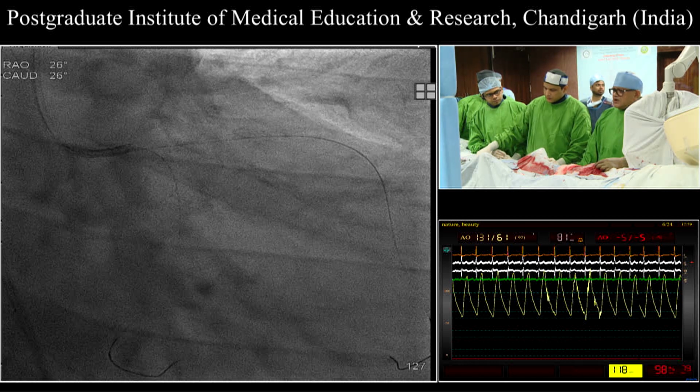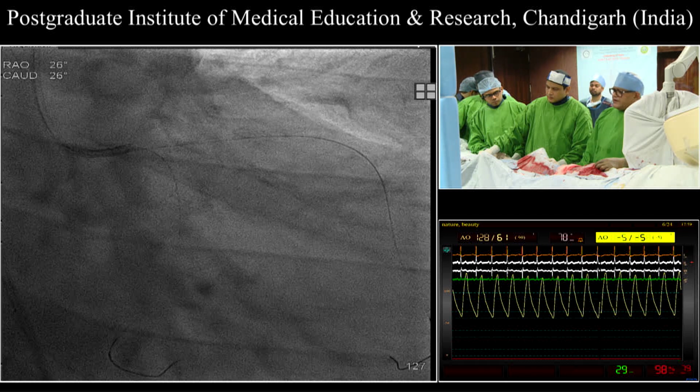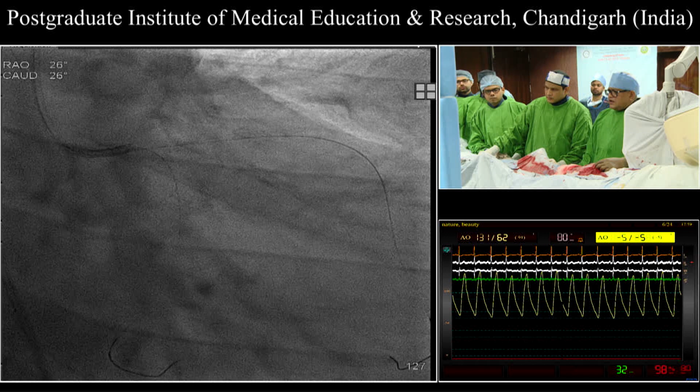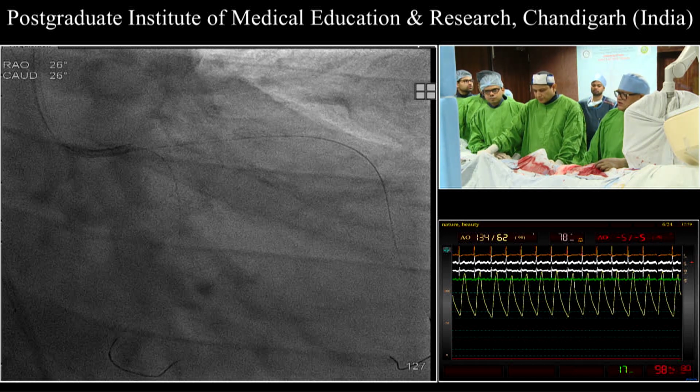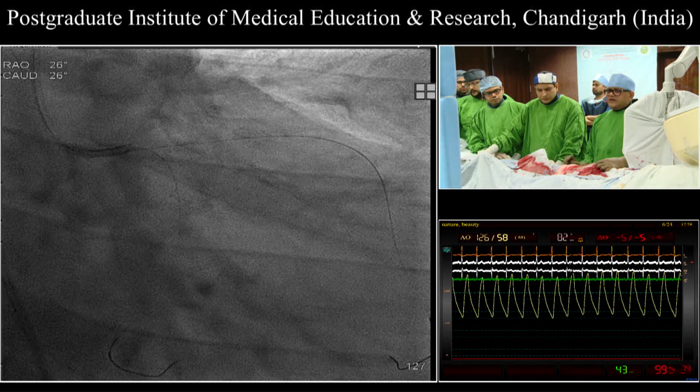And therefore, though I did dilate it with a 3 millimeter NC balloon, it's a 2.5 millimeter cutting balloon across, which I of course inflated at 11 atmospheres. The nominal one is around 6. So that is a concern, and therefore I didn't take the higher size cutting balloon. The result on the OCT is satisfactory to a certain extent, and now I'm going to put a stent across. Now the question is, can you run the last scene?